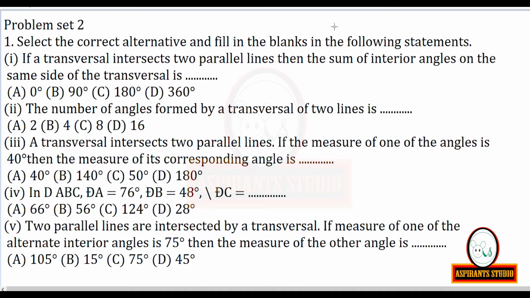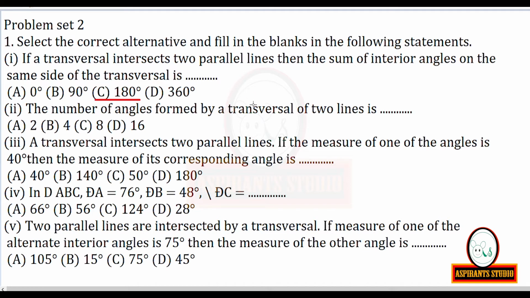If a transversal intersects two parallel lines, then the sum of interior angles on the same side of the transversal is 180 degrees. That is given as C here. 180 degrees will be the answer. So you have to write the statement and fill in the blanks.